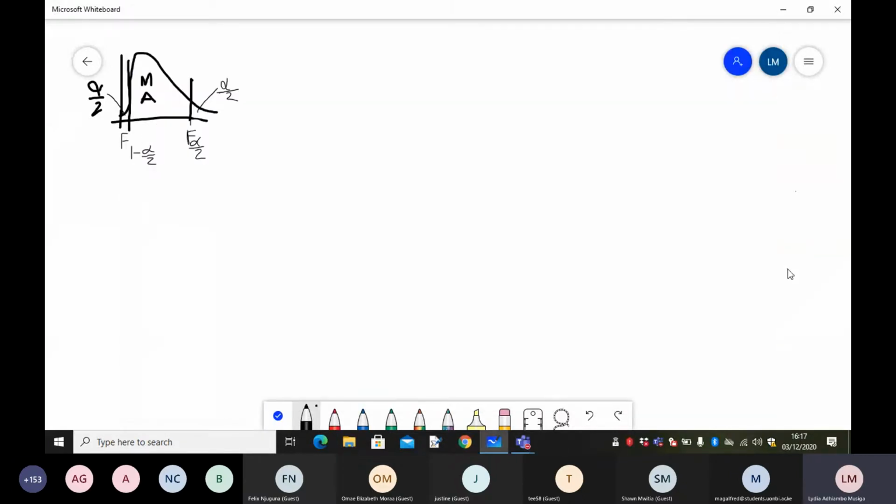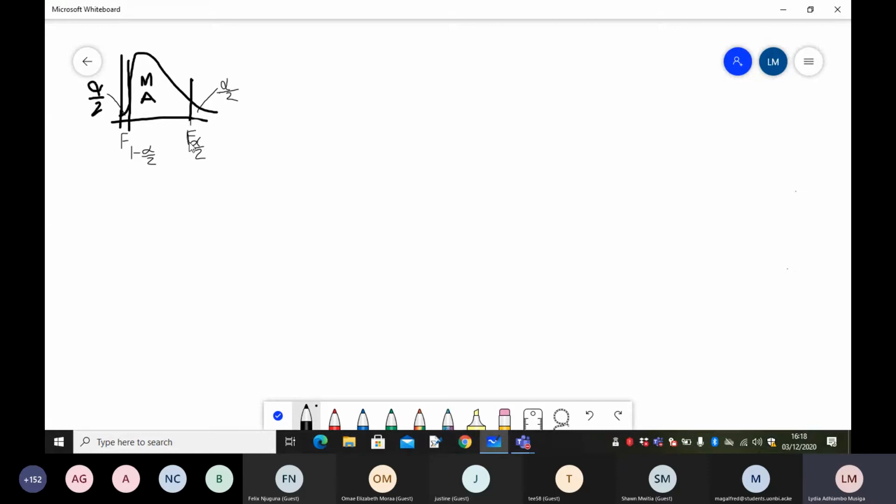Okay. So let me just repeat what I said for her sake. We're just reminding ourselves of how we usually read the F values. First, we have a middle area, and the small area to the right is of size alpha over 2, and the small area to the left is of size alpha over 2 also.